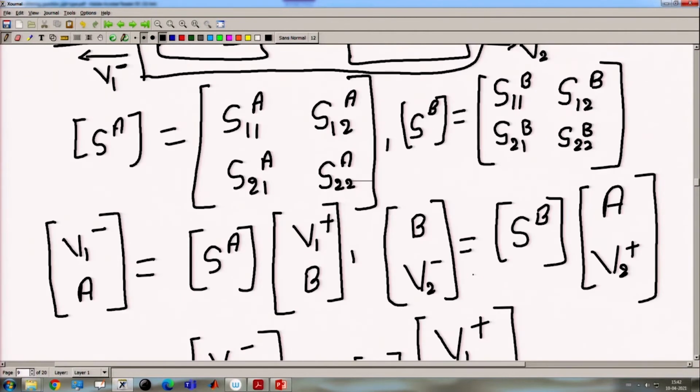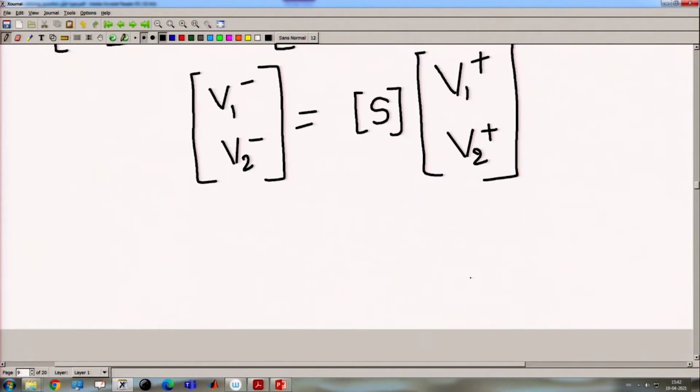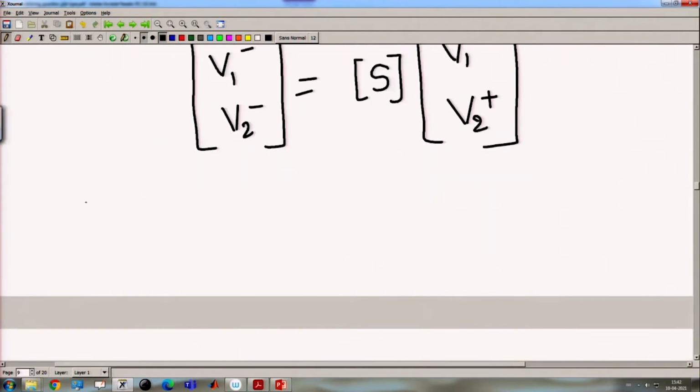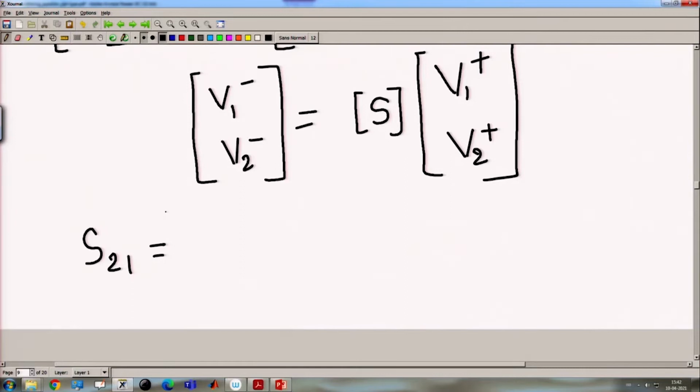We have to find S21. The S matrix, the overall S matrix, is S11, S12, S21, S22.